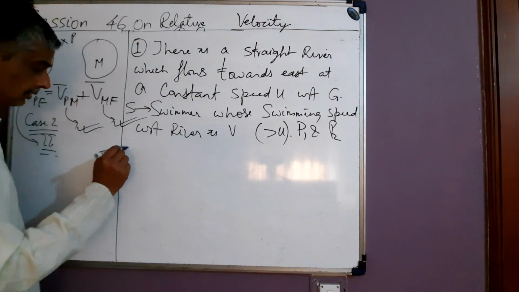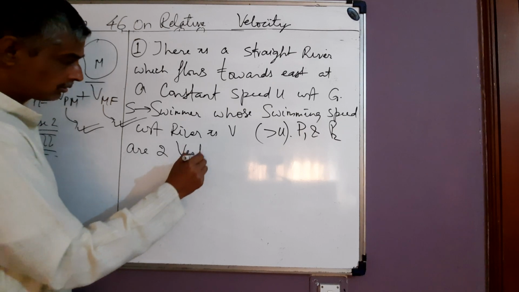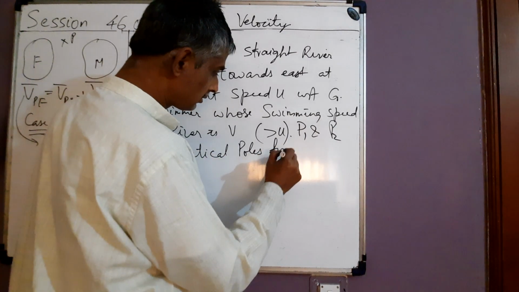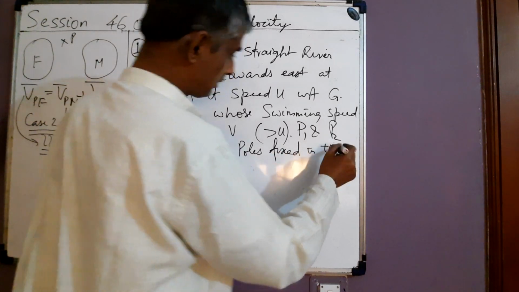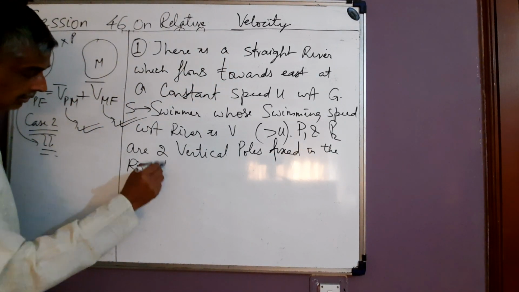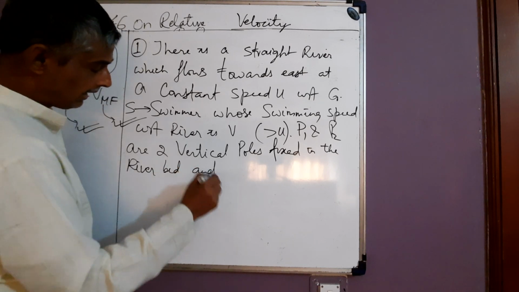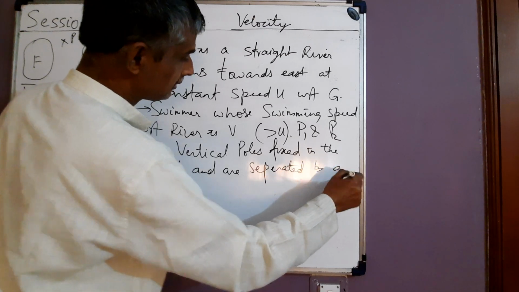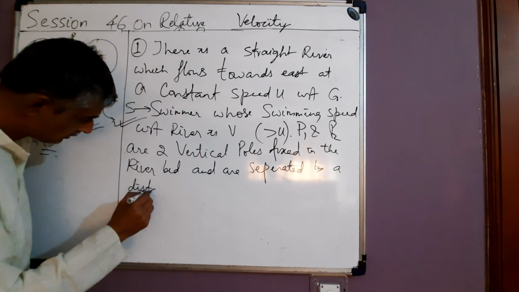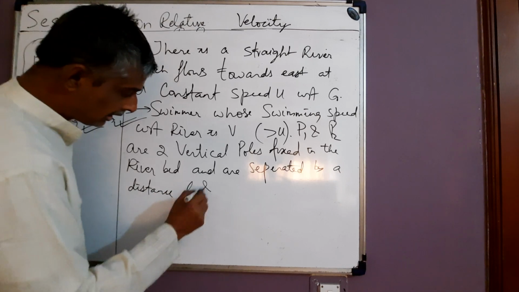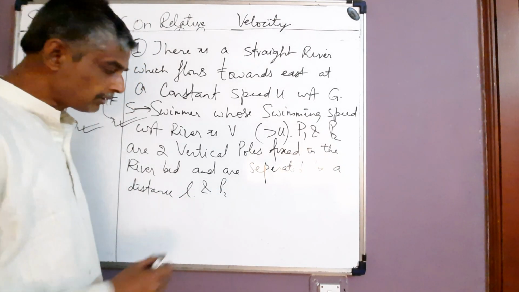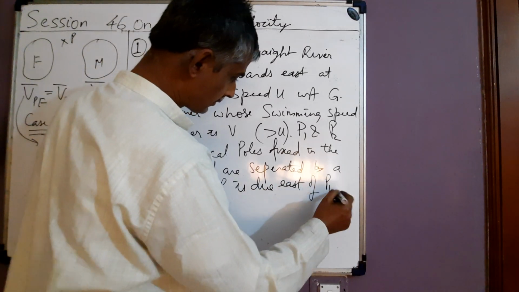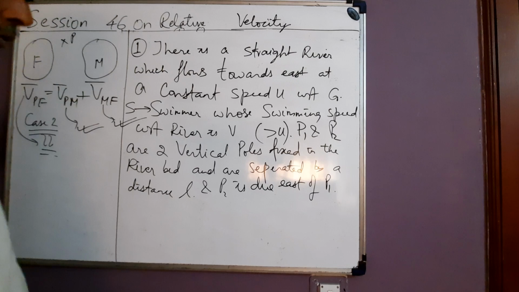P1 and P2 are two vertical poles fixed in the river bed and separated by a distance L, and P2 is due east of P1. The swimmer swims from P1 to P2 and then back to P1.